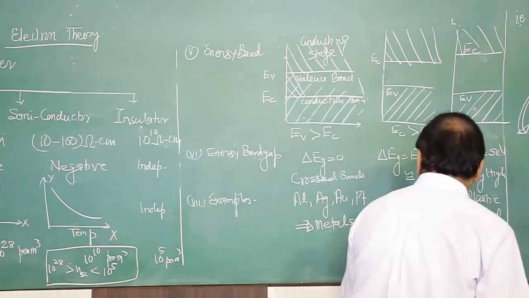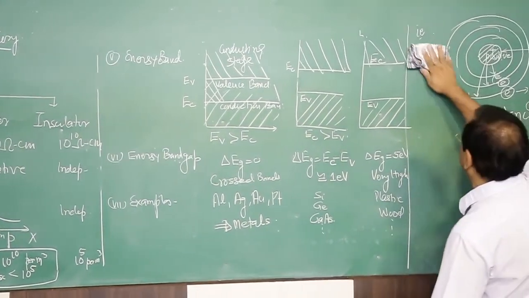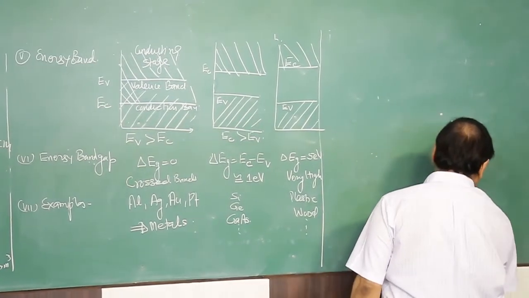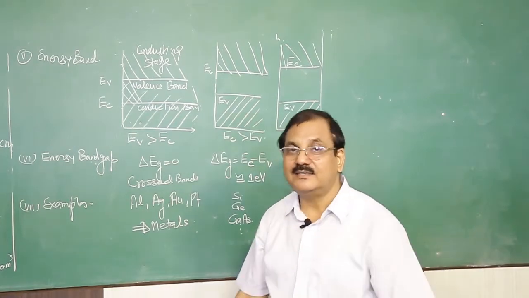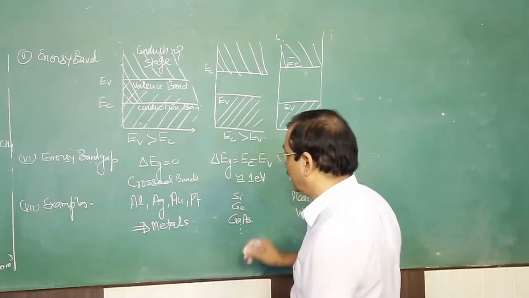Now, when we are coming closer to semiconductor, the property of semiconductor is especially governed by the fourth group elements of the periodic table.